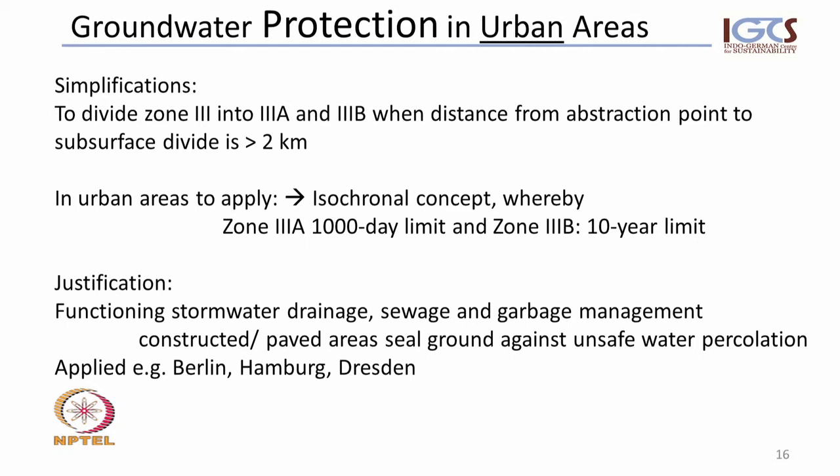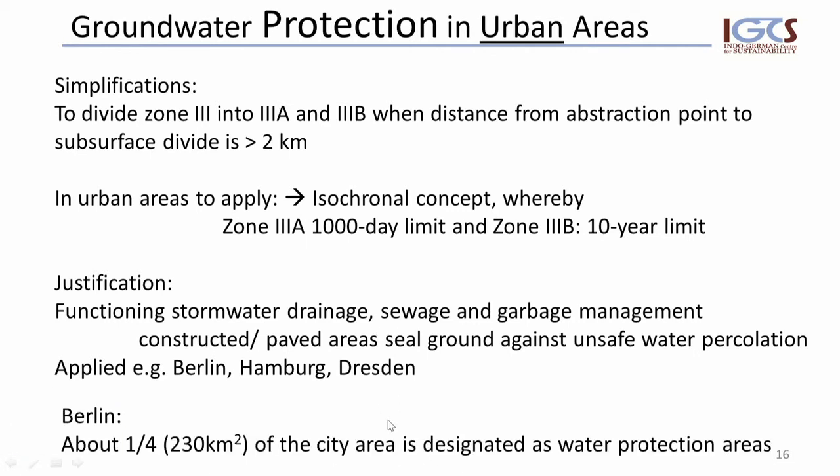Examples of such groundwater protection zoning and dependency of cities on groundwater are the cities of Berlin, Hamburg and Dresden, just examples of larger cities in Germany. And just to give you a feeling for the extent of such protection areas, a quarter of the city area of Berlin is designated as water protection area. So it's very much visible and applied.